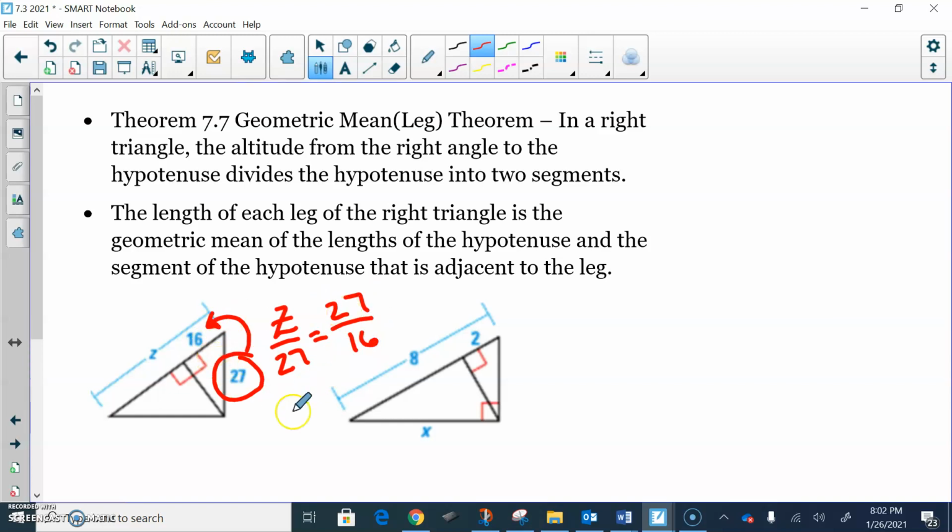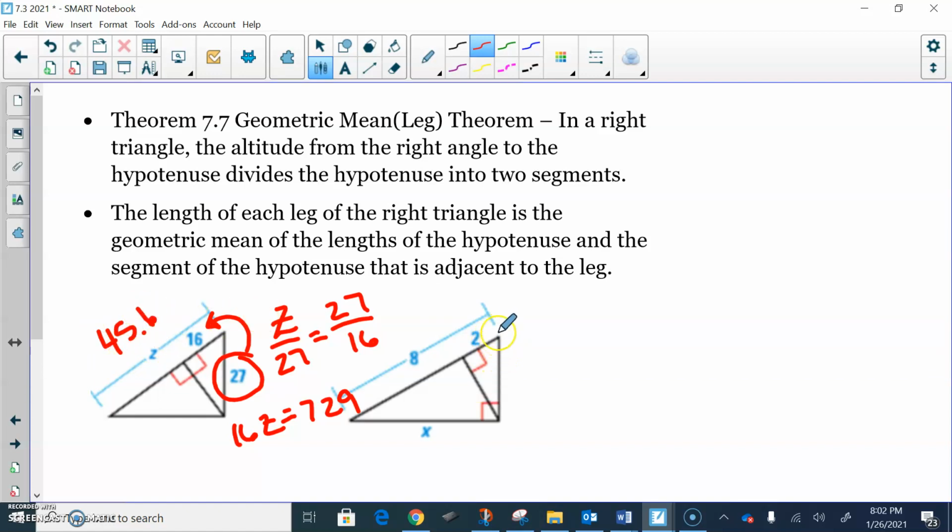Again, we're going to cross multiply. Get 729. Divide by 16. And it looks like it's about 45.6.